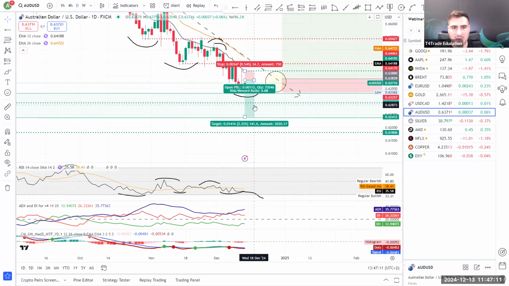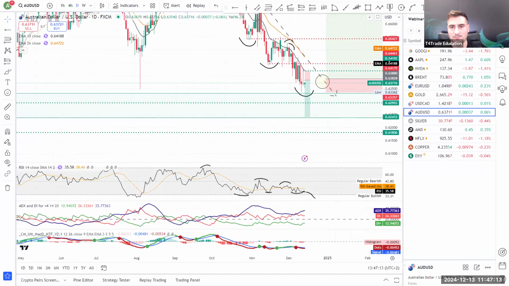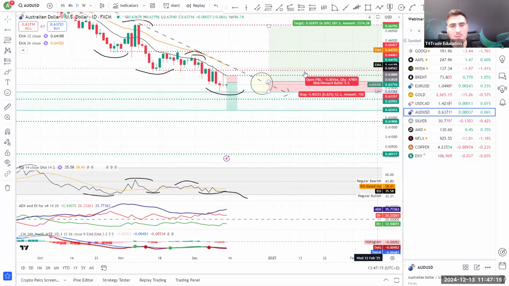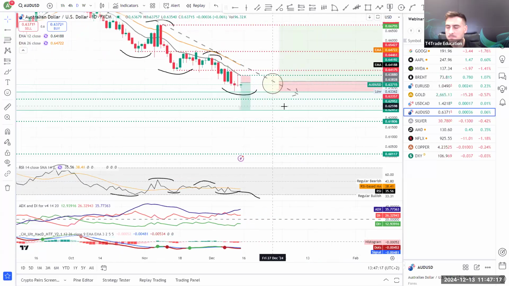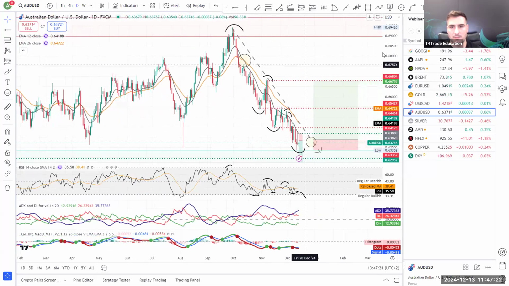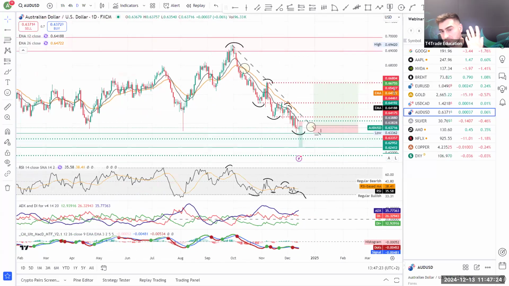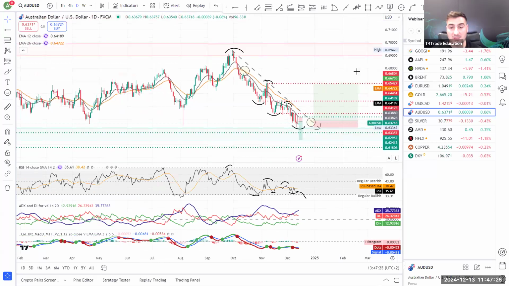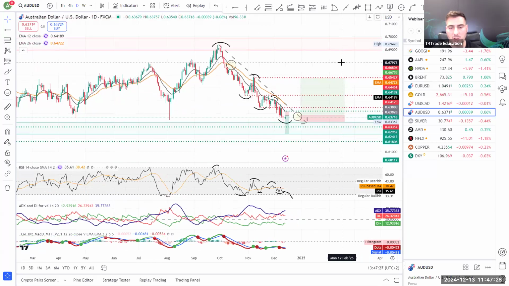So risking 0.5% in order to get 2.2, much nicer. But for the time being, this is a potential play, or an assessment that we can come up with in regards to the Aussie against the dollar.